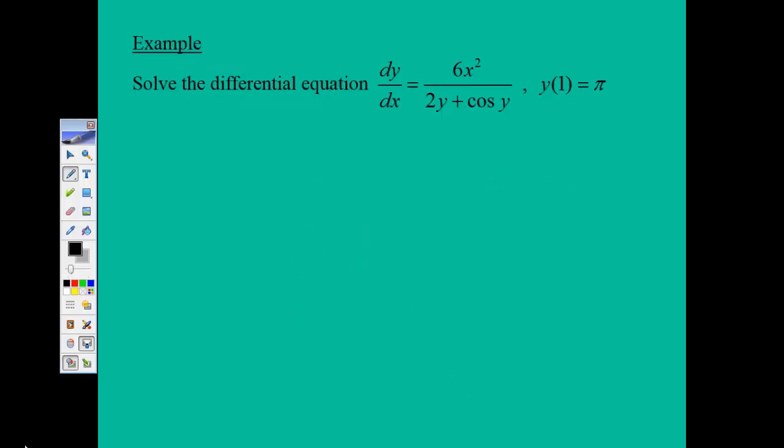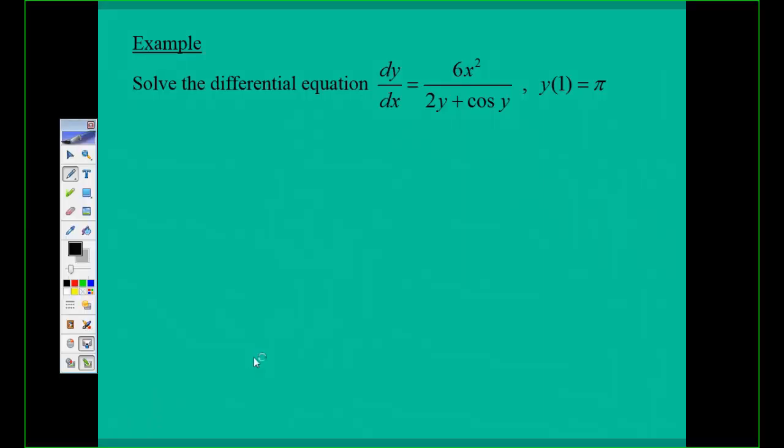Solve the differential equation. Now this is a separable differential equation, because we can separate our variables. We can get all of the y's on one side and all of the x's on the other.